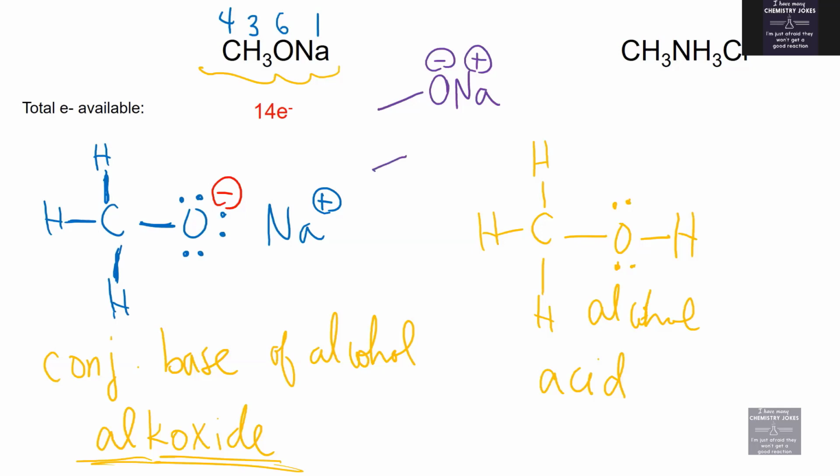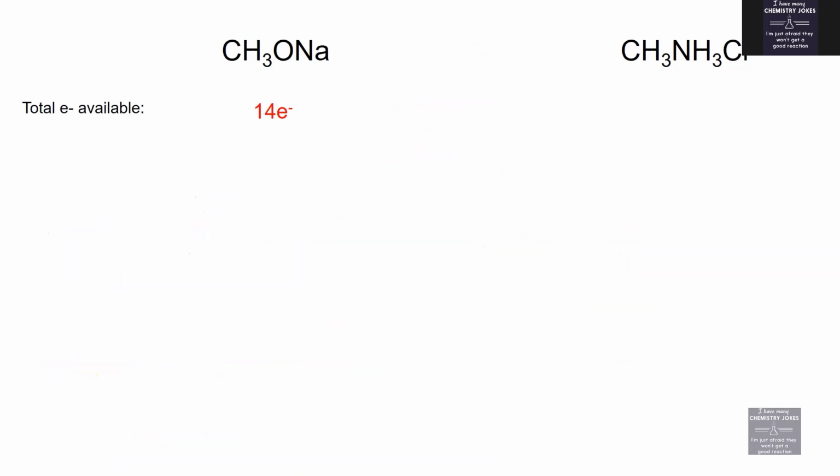So we often do draw them completely separated like this with their charges shown, but it's totally acceptable for us to draw them together like this top example, but you assume that those charges are there. Yeah? Okay, cool.